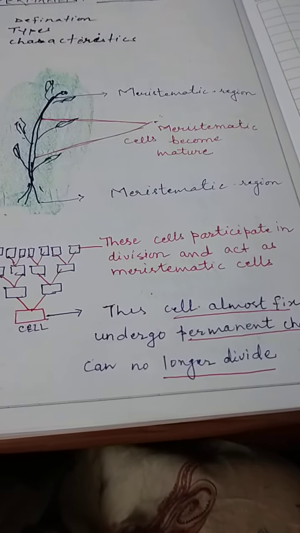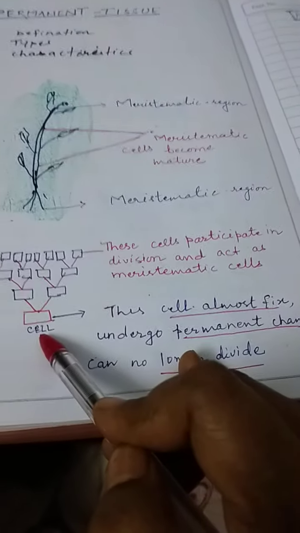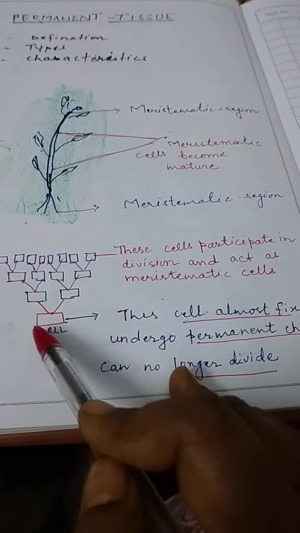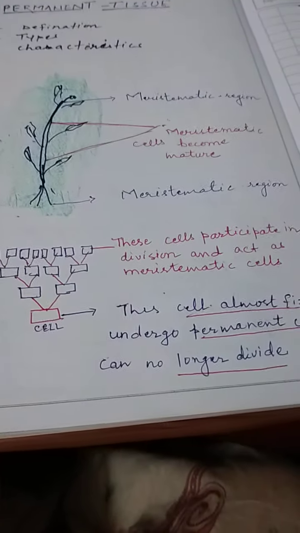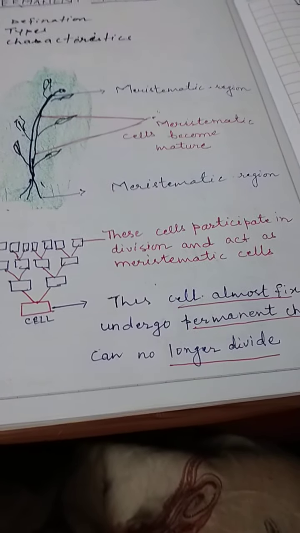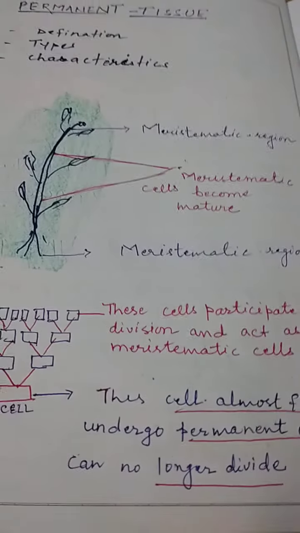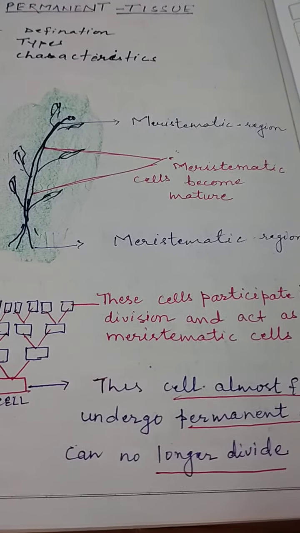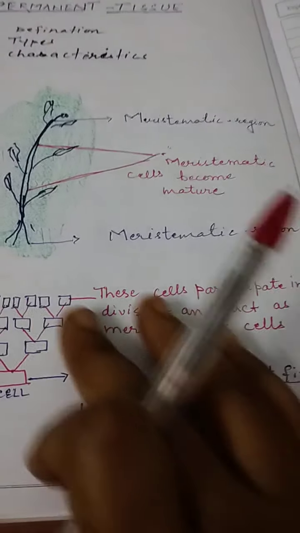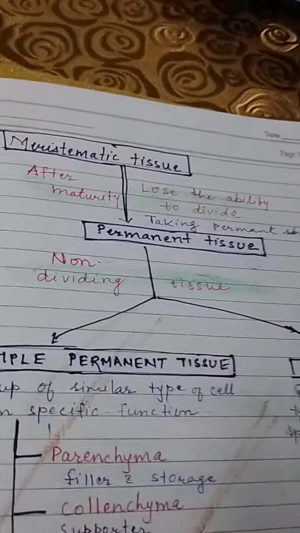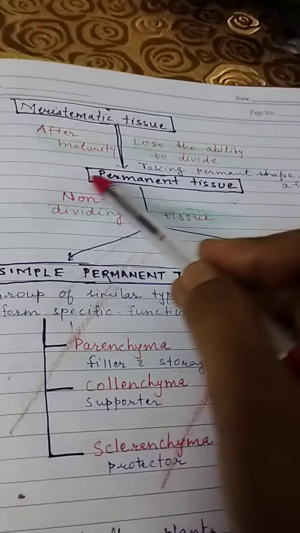Again, try to understand what differentiation is. You can see this cell attains a fixed shape, size and function, and this is termed differentiation. That means you can see it is the meristematic tissue.